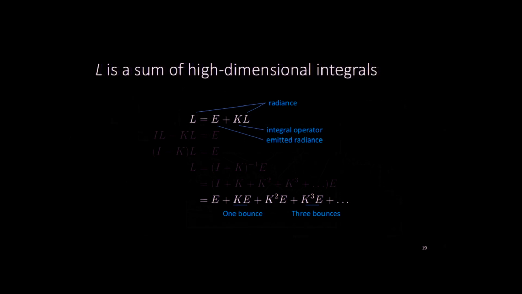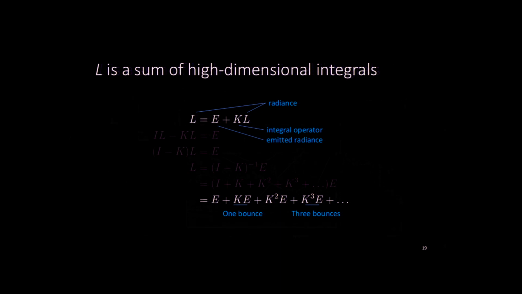I won't show you all the steps, but you can write L in terms of some sequences of bounces times E. So the crucial thing here is that on the right side, there's no L, right? There is only E, which is the emission. We know where the photons are coming from. If you're thinking in terms of vehicles, you know where the source of the vehicles are. If you know that, then all of our estimates don't depend on recursive evaluations.